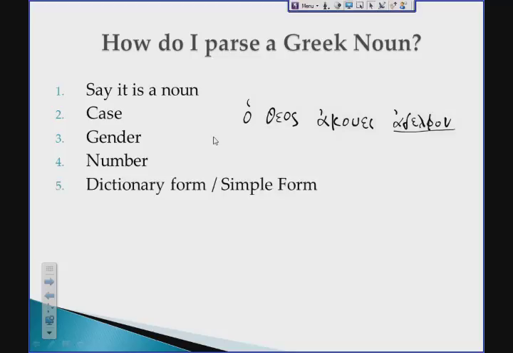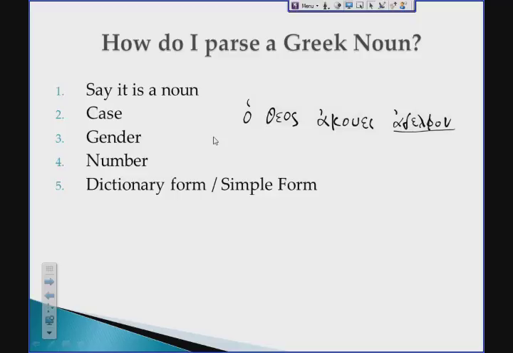And then you must tell me the dictionary form. Look at this, focus. When you look at adelphon, that is not a dictionary form. That noun has changed already. That on ending tells you that it is accusative. This is not how it looks in the dictionary; it will look somewhat different.